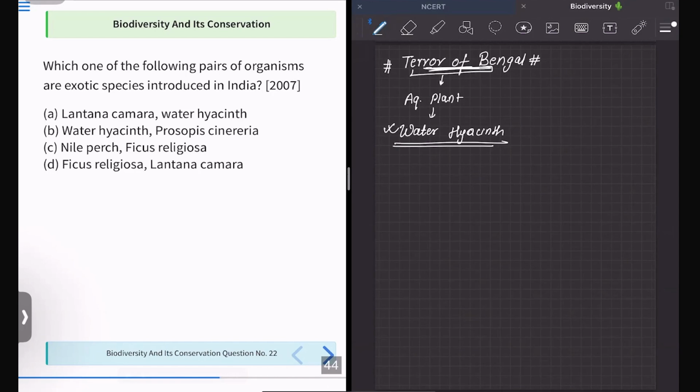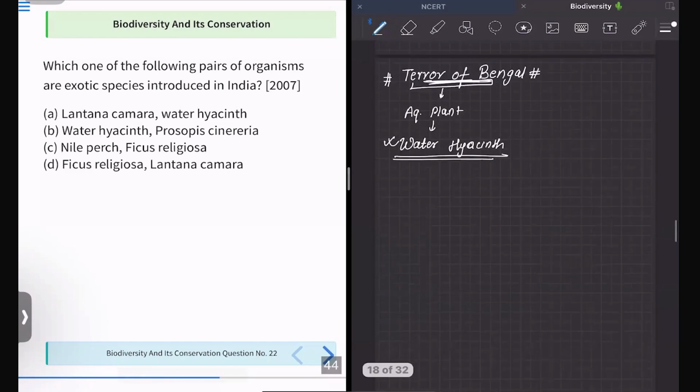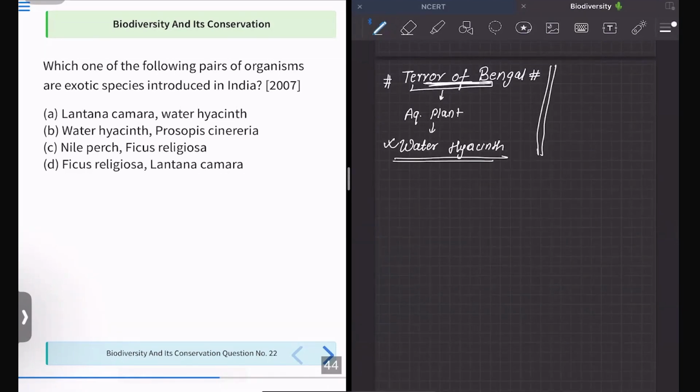And similarly, we have another exotic species, let me write it here, that is Lantana camara. This is also American in origin, and it has a similar principle that it is going to rapidly grow. It causes dense, thick growth, but this is not aquatic.